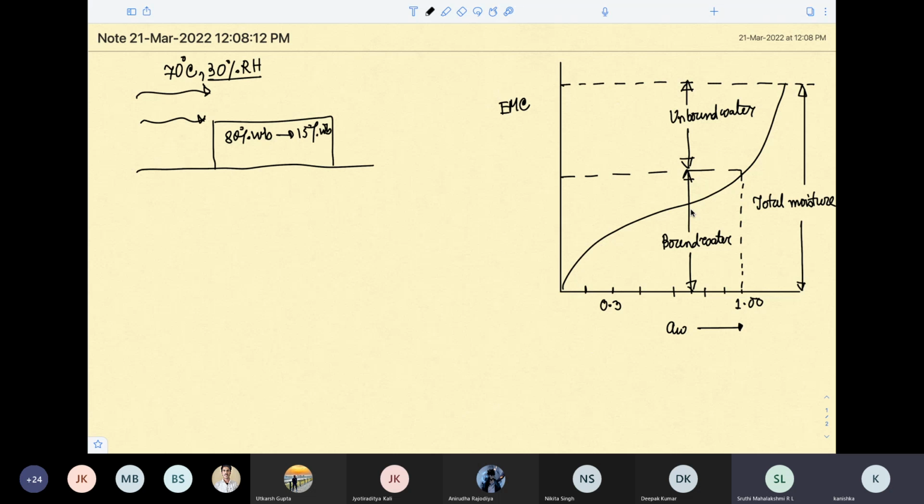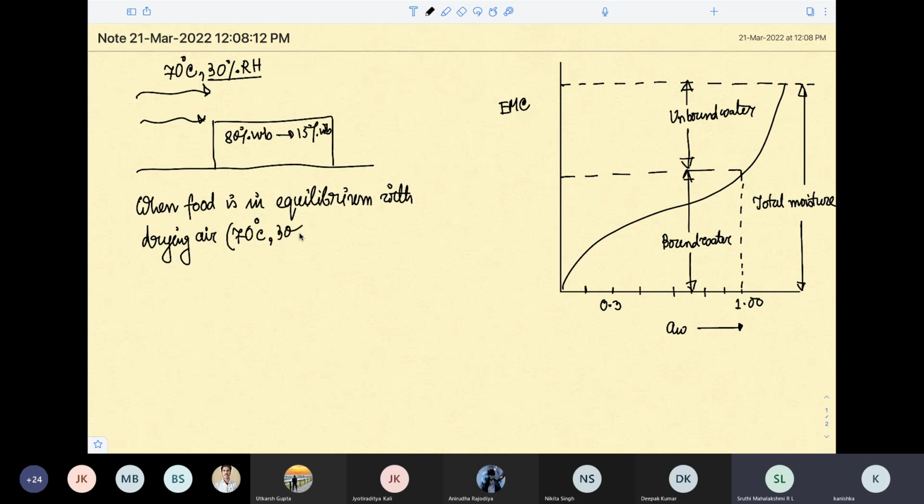So when the food is in equilibrium with drying air having 70 degrees C temperature and 30% RH, the food will have water activity equal to 0.3, right? Is it okay?